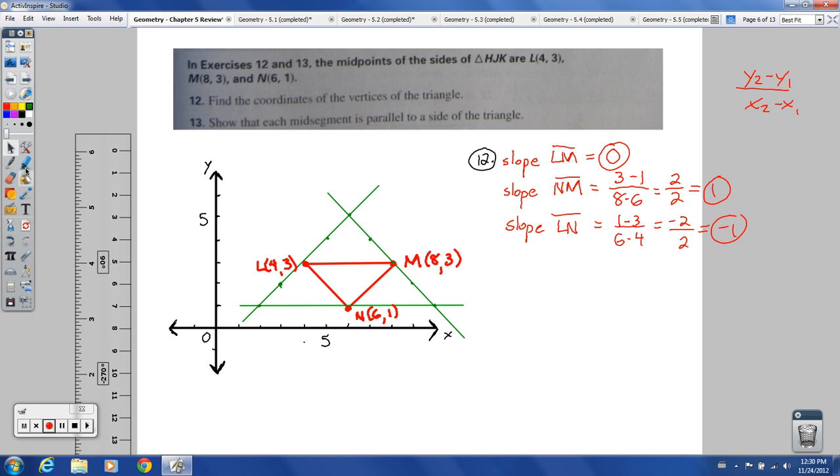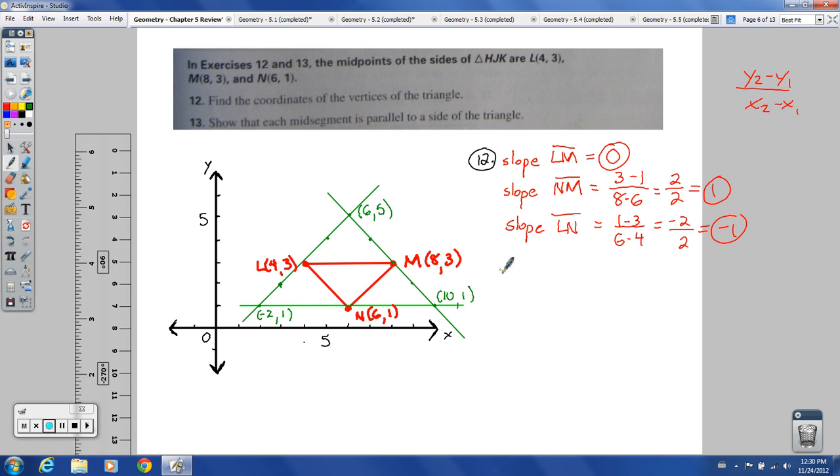And so what are all these coordinates? Well, the coordinate here looks like it's going to be, I'm not going to give it a letter, but I can definitely figure out what the numbers are of the coordinates. So this would be 6 and going up to 5. So one of the coordinates is 6, 5. This one was all the way out to 10 and 1, and then this one is still at that 1 level. But what's the x value? The x value looks like it's negative 2.